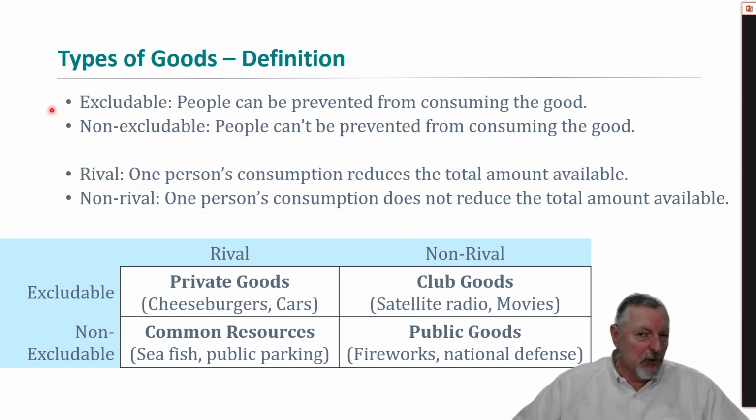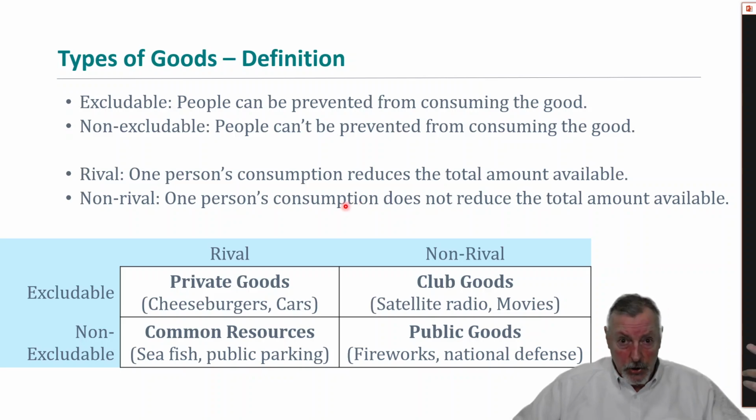In practical terms, excludable means you can force people to pay for it. Non-excludable, you can't prevent someone from consuming it, also means you can't force them to pay for it. Rival. A rival good is one where your consumption reduces the total amount available for other people to consume. Non-rival good, your consumption does not reduce what's available for others.